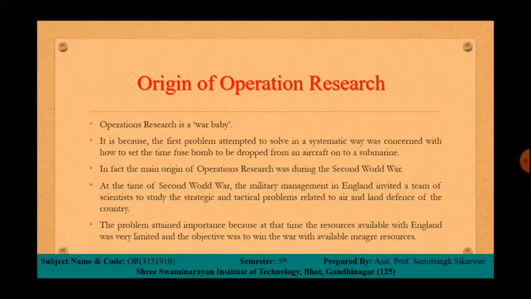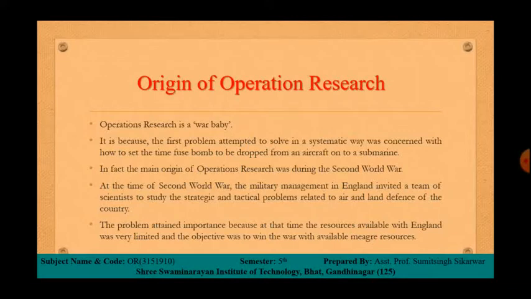Again, it was necessary to decide upon the most effective utilization of available resources to achieve such a large objective. It was also necessary to utilize the military resources cautiously.